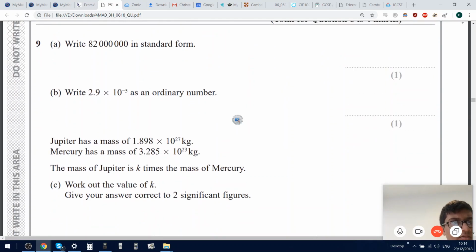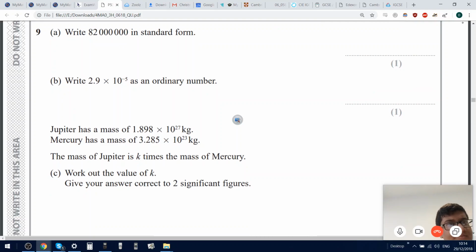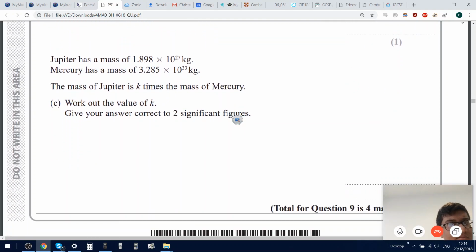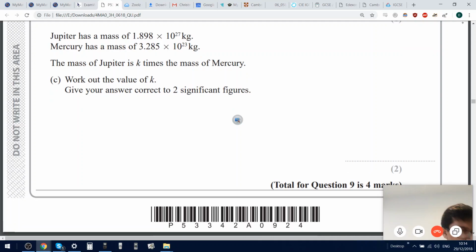Standard form, ordinary form, maybe C. I see. Okay. So this is 9c. Jupiter's a massive. Okay. Work out the value of k. Just 2SF. So J equals Km.